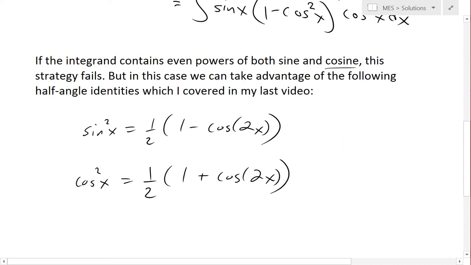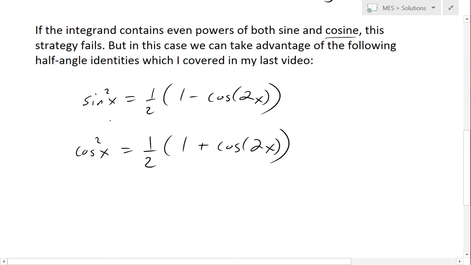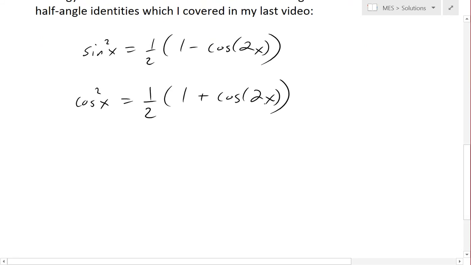Make sure to watch my earlier videos on the proof of these. This is called half angle because you start off with an angle x, which is half of the angle inside here; 2x is double this one.